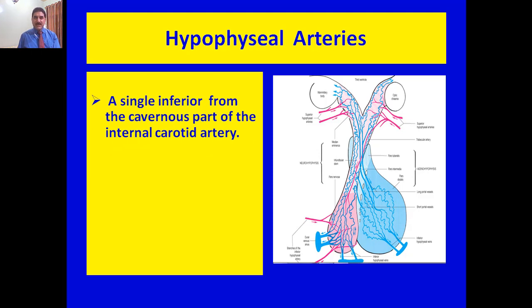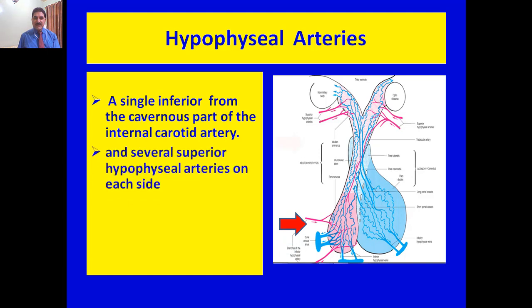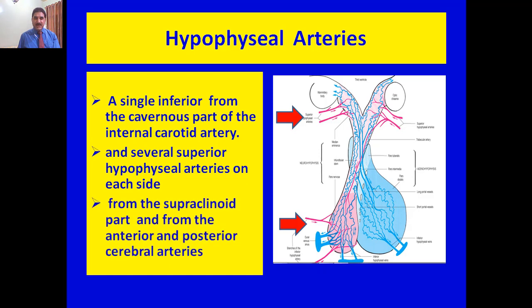Hypophyseal arteries. They arise from the cavernous part of the internal carotid artery, a single inferior branch from the cavernous part of internal carotid artery, as shown in this diagram, and several superior branches called superior hypophyseal arteries on each side.